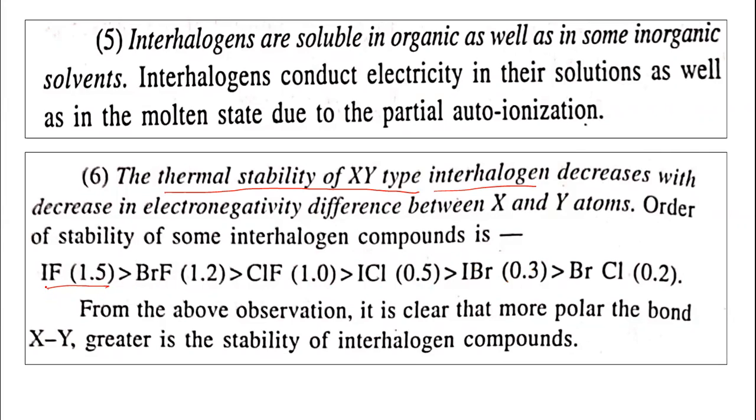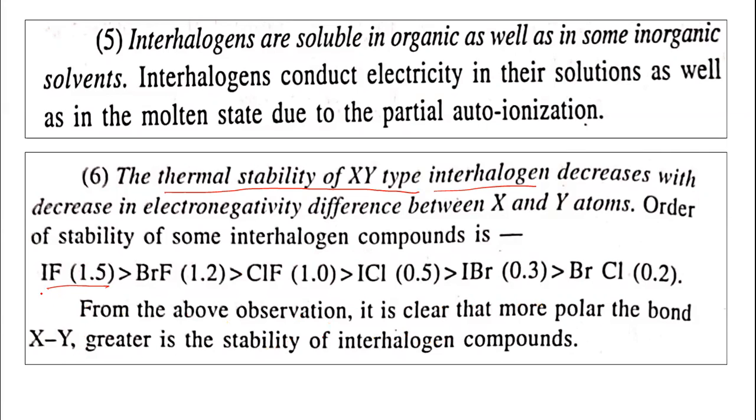So IF is highly stable, as the electronegativity difference between iodine and fluorine is larger. It is thermally stable. From the above observation, it is clear that the more polar the bond XY, the greater is the stability of the interhalogen compound.